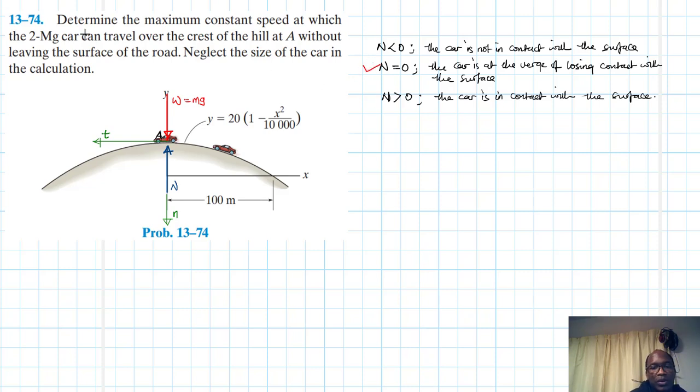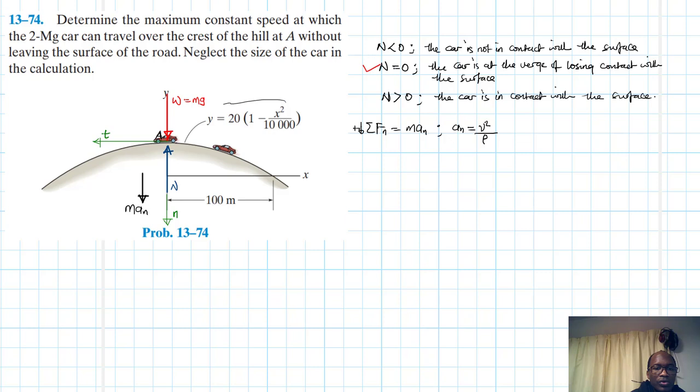use this particular condition here. So let's apply the equations of motion, and let's say our kinetic diagram of motion is denoted as shown. So summation of forces in the n direction, going down in our reference, is just equal to m a_n, where our a_n is just equal to v squared divided by rho.